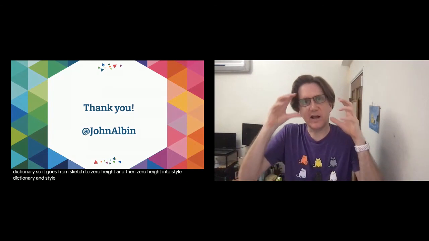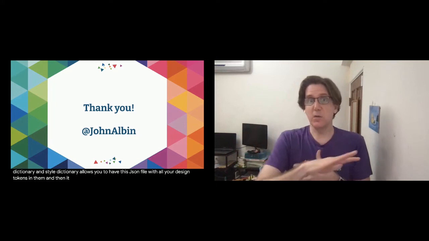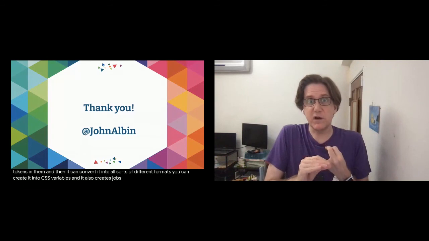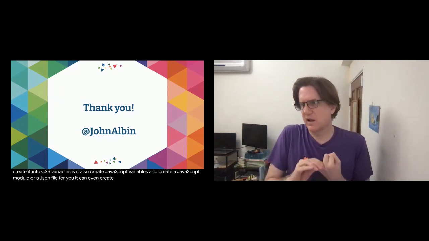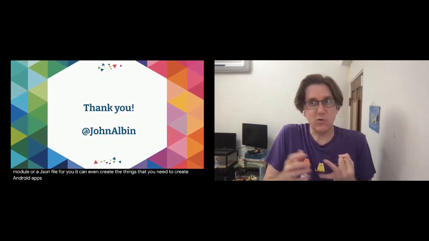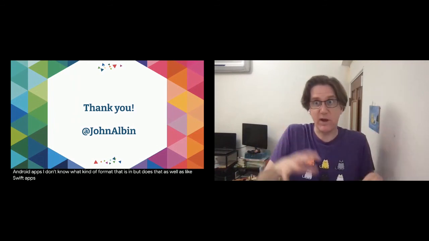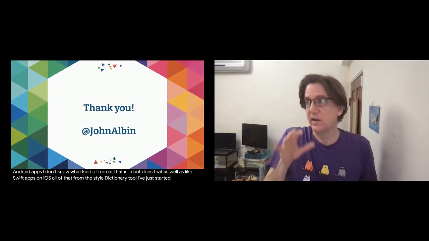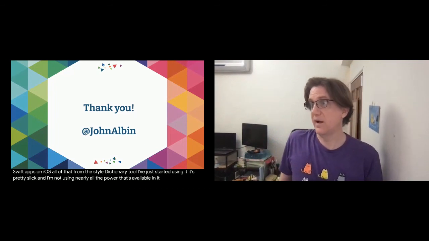And Style Dictionary allows you to have this JSON file with all your design tokens in it, and then it can convert it into all sorts of different formats. It can create CSS variables. It can also create JavaScript variables. It can create a JavaScript module or a JSON file for you. It can even create the things that you need to create Android apps. I don't know what kind of format that is in, but it does that, as well as Swift apps on iOS. All of that from the Style Dictionary tool. I've just started using it. It's pretty slick, and I'm not using nearly all the power that's available in it. But yeah, it's an interesting combination.